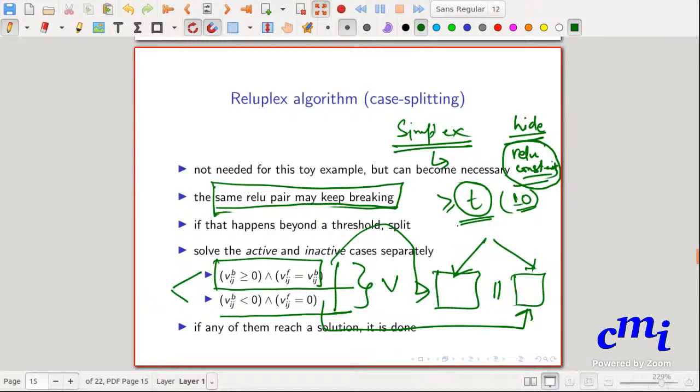Correct, yeah. In fact, this is a technique that's also used at several other places. If you have a large bunch of constraints, sometimes it helps to decide on a subset of these constraints at once, and then check some of the other constraints which may not have such a big impact. So this is a big bunch of things from which you hide all these ReLU constraints on this side.